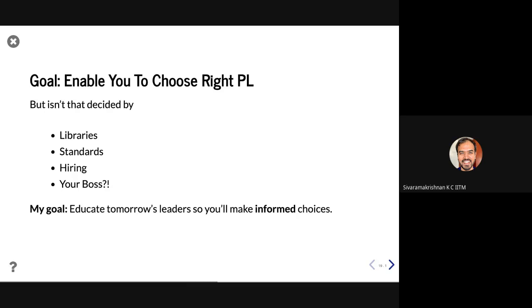So this course will guide you, even though we don't actually delve into details, in choosing the right programming languages for the problem. That is not dictated by what libraries are available, what standards exist, or what your managers tell you to use, right? If I were to give you the freedom, the course will give you the ability to choose the right one.